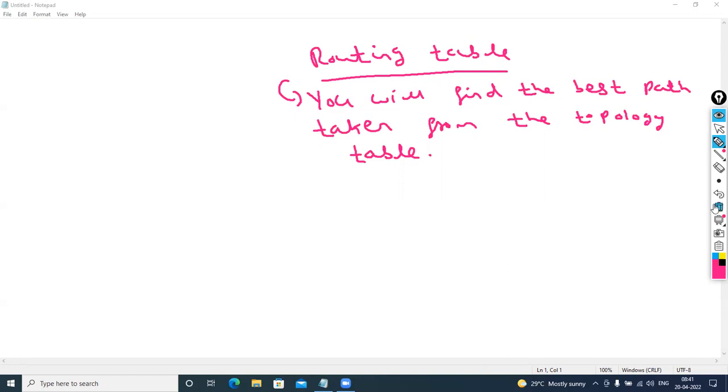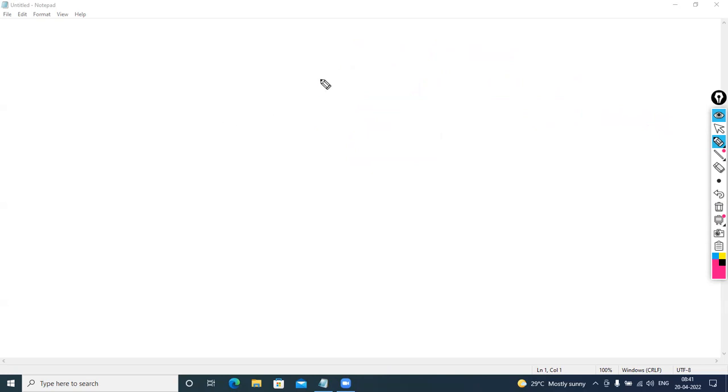Now, if you talk about how EIGRP will calculate the best path, it is the feasible distance. And EIGRP is rich in metrics.